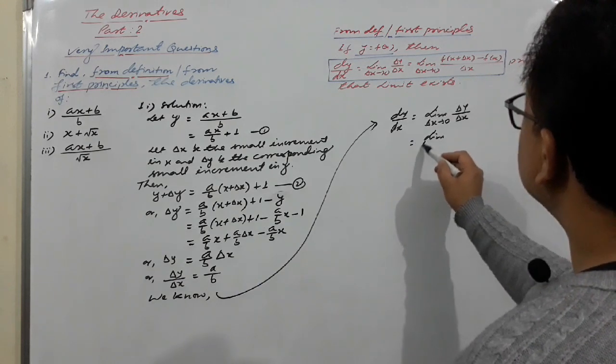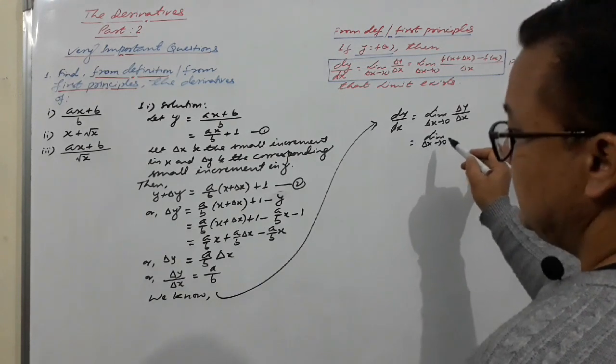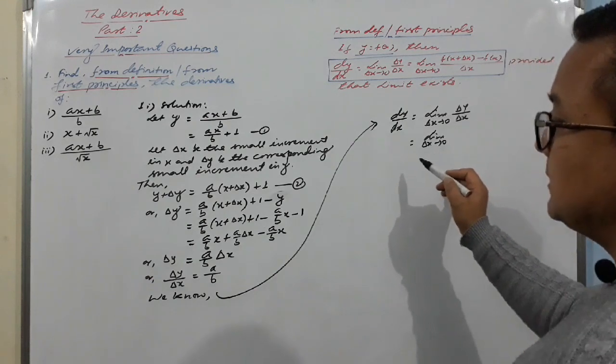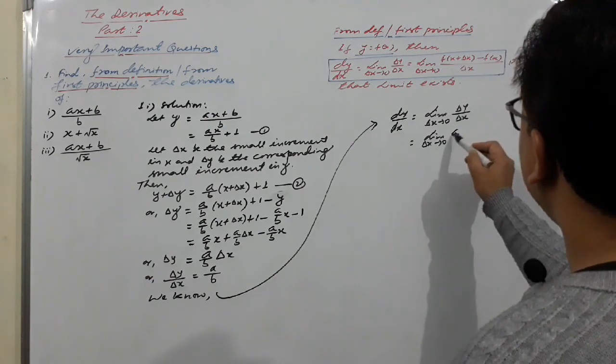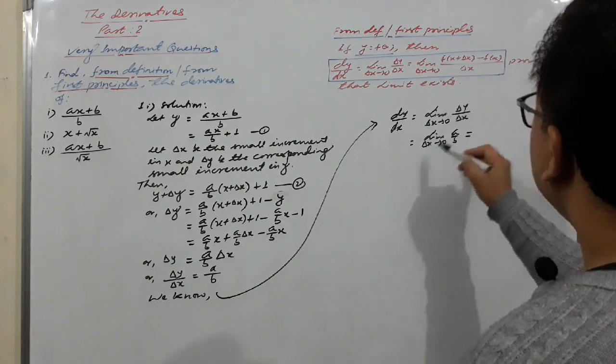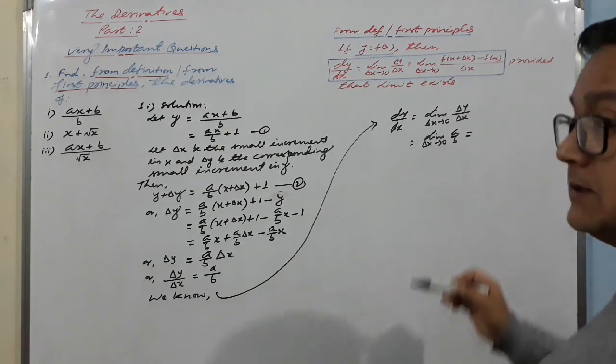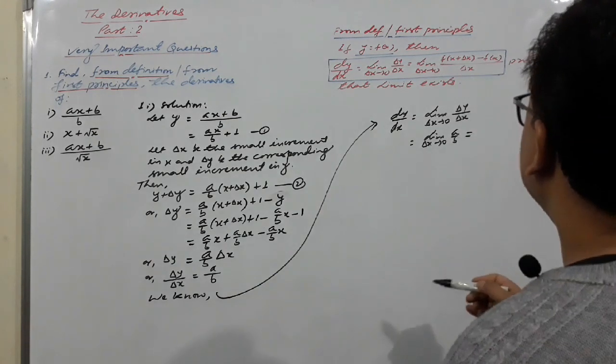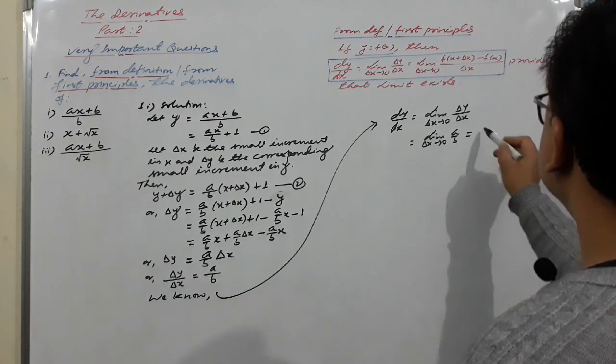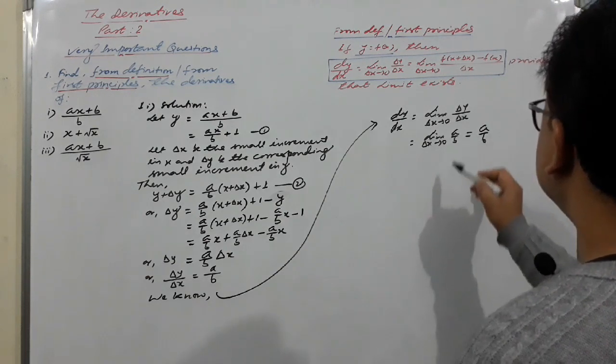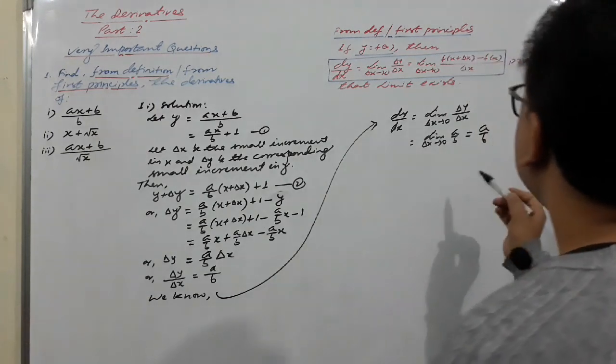We have already got the value of delta y by delta x as a over b. As you know, a upon b is a constant. The limit of a upon b as delta x tends to 0 is also equal to the same constant, a upon b.